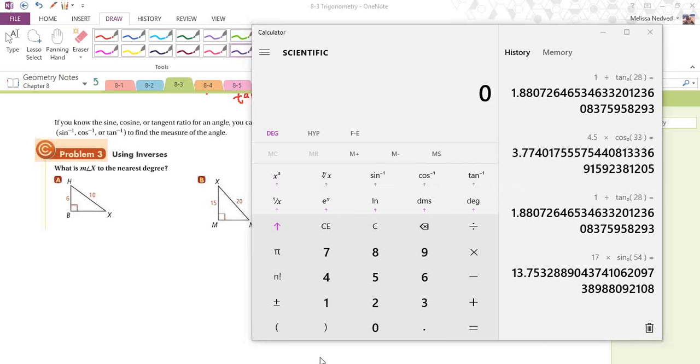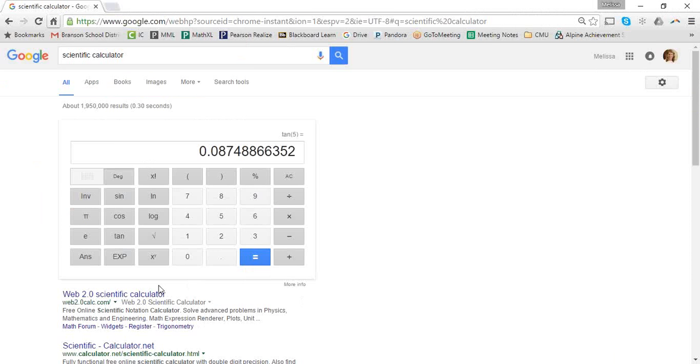If you're using this Google calculator, you should click, I know it's on here somewhere. Maybe I need to clear. Maybe it's not on here. An actual calculator, it just depends.